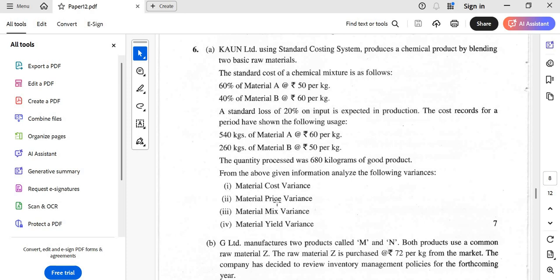So please don't ignore any chapters, and don't prepare thinking that only in this chapter we will get questions, in this chapter we won't get questions, because everything got broken in the last cycle. Those who prepared thinking we will get only 7 marks from standard costing and much more marks in budget got caught, because we got many marks in standard costing and only a 7 mark question from budget. So don't prepare thinking I will get this question from this chapter only. So it is a kind advice.